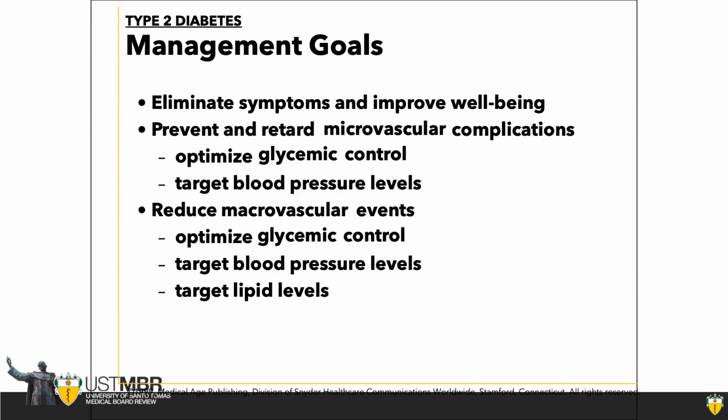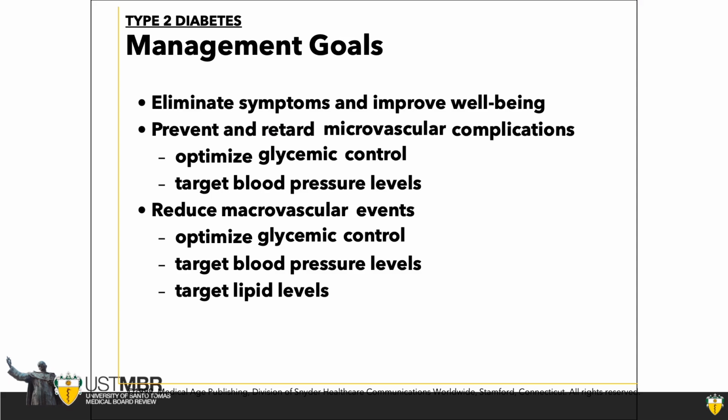So management goal generally is to eliminate symptoms. We don't want the patient to be waking up the whole night because of polyuria and nocturia. We don't want them to be thirsty all the time, so eliminate some of the symptoms. We want to reduce micro and macrovascular complications of type 2 diabetes.